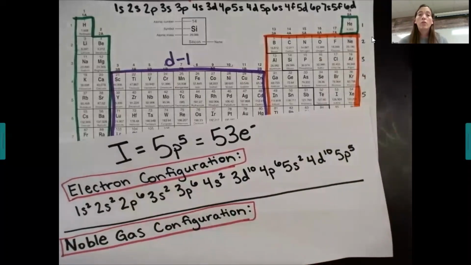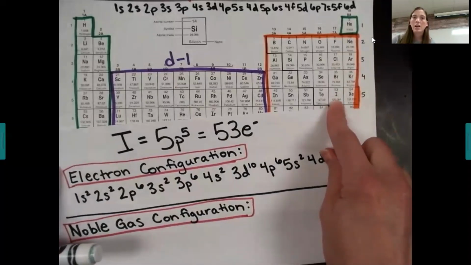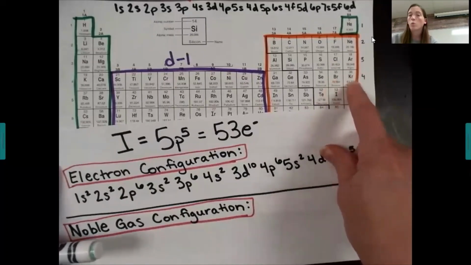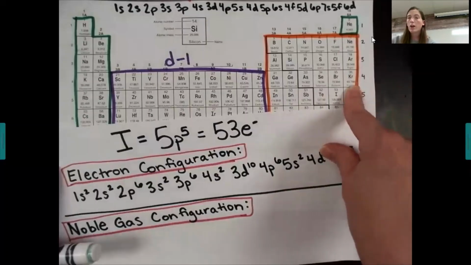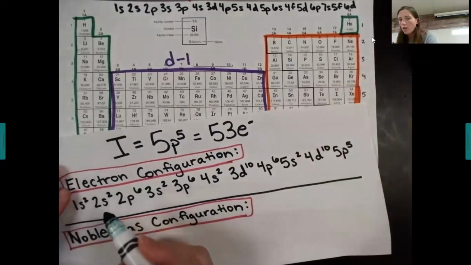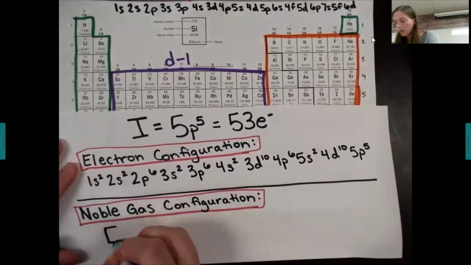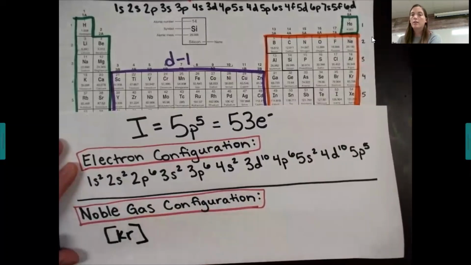So for noble gas configuration, you find the element that you need, which in our case is iodine. You go up a period and then all the way to the right where the noble gases are, in this last column. You start with that noble gas and write it in a bracket. So here we're going to write krypton in the bracket.